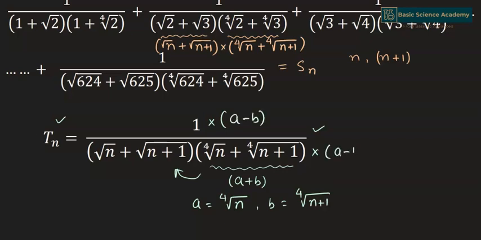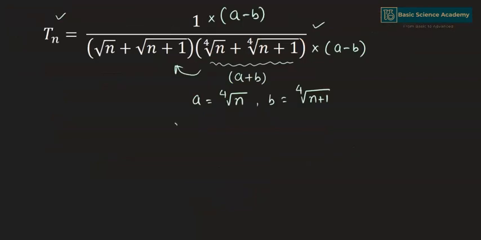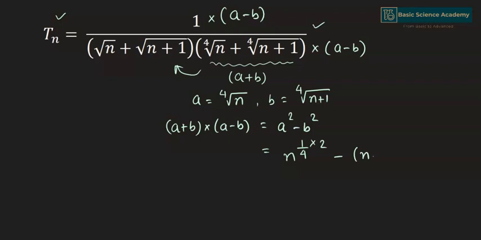A plus b multiplied by a minus b is equal to a square minus b square, which is equal to a is n to the power of 1 by 4 and square is 2 minus b is n plus 1 to the power of 1 by 4 and square is 2. So this gives square root of n minus square root of n plus 1.